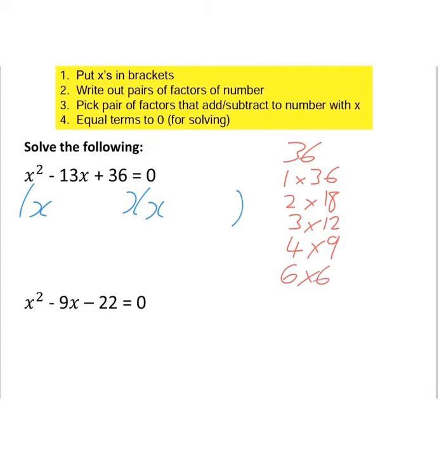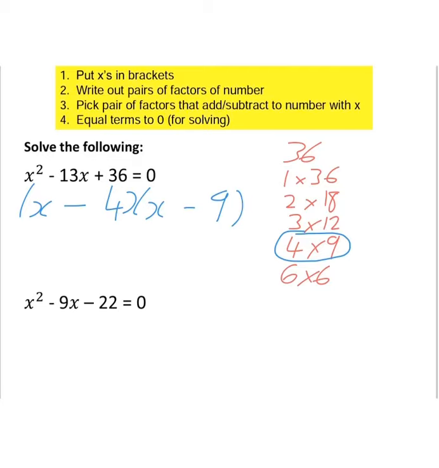Okay, so I need to get minus 13, so I could go with 4 and 9. Now it has to be minus 13, so it'll be minus 4, minus 9, because minus 4 minus 9 gets me minus 13. And if I expanded the brackets, minus 4 times minus 9 will get you positive 36.